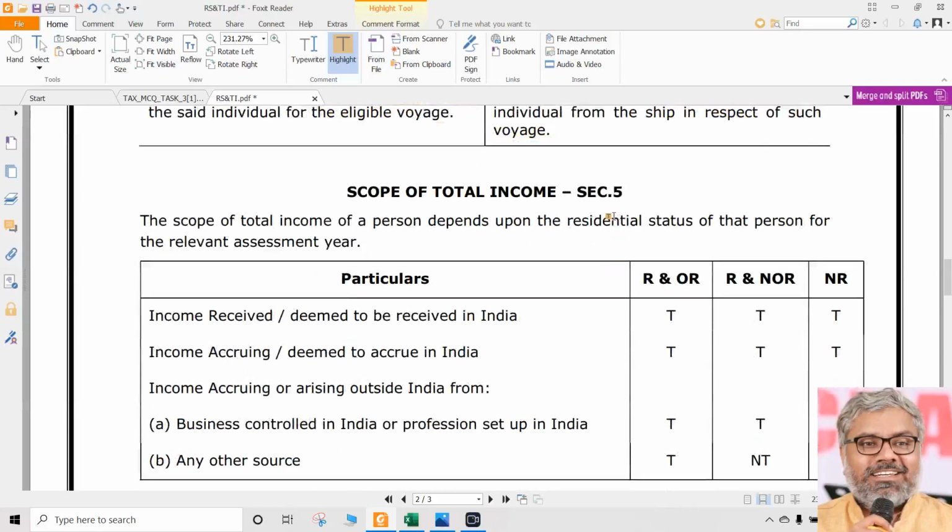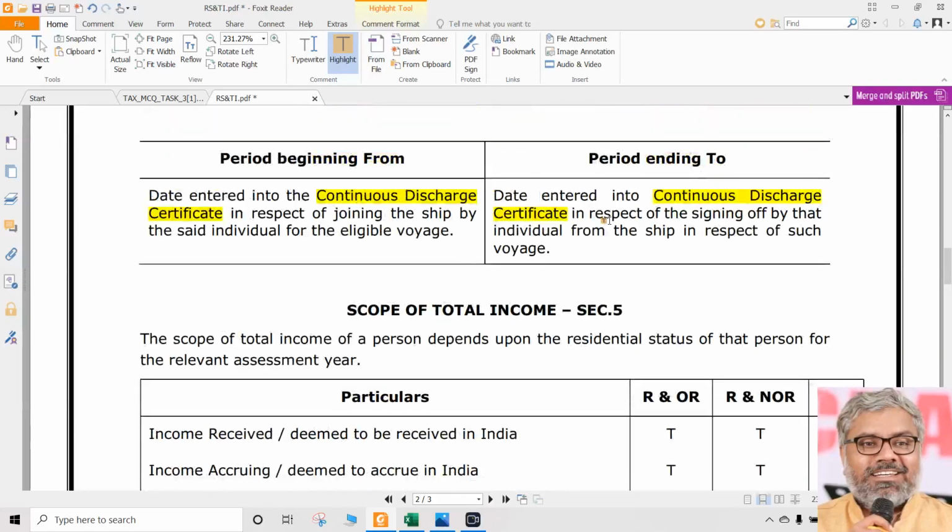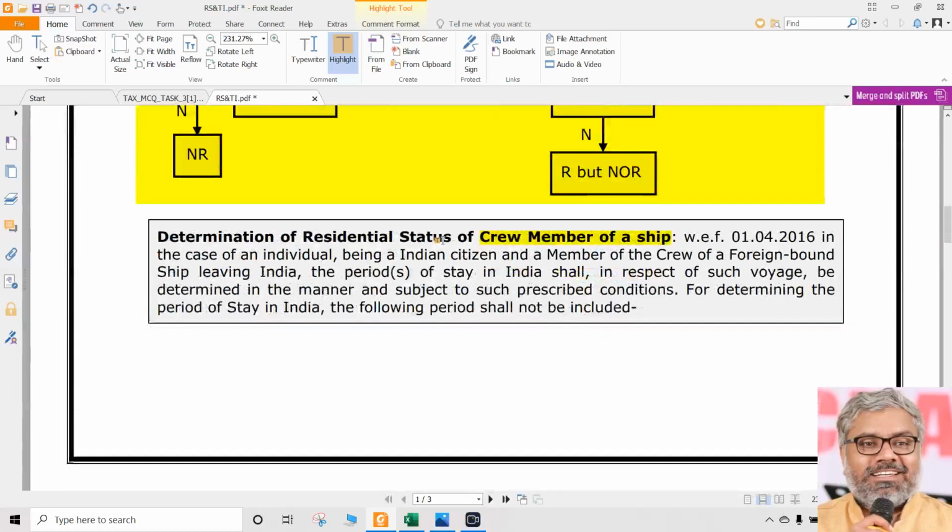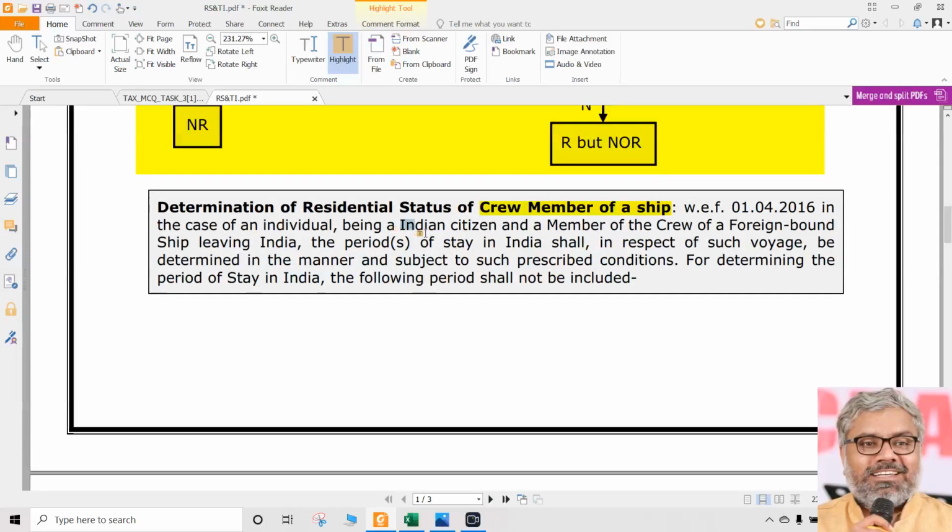Continuous discharge certificate is a document in which the date on which the person has entered the ship and exited the ship will be written. Once he is in the ship, by entering into this document, it is as good as he is out of India, even though practically, physically, he may be in the territorial waters of India. That thing we don't care. And we are not talking about everybody here. Always you have to understand, we are talking about only an Indian citizen.